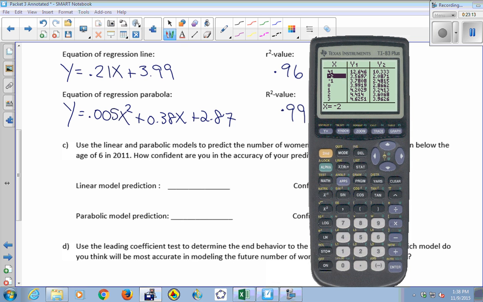So when I type in 41 for X, it tells me that Y1 is 12.646. That's my linear model. And Y2 is 10.33. Okay. That's my quadratic model. It's stored in Y2. So it's basically, I just plugged in 41 into these 2 models, but I let my calculator do all the computation. Okay.